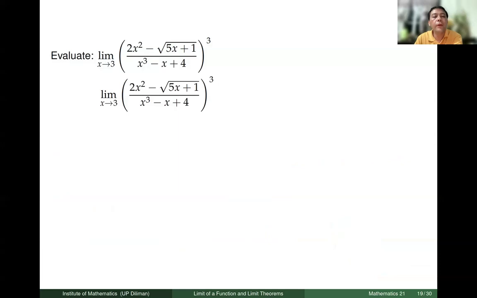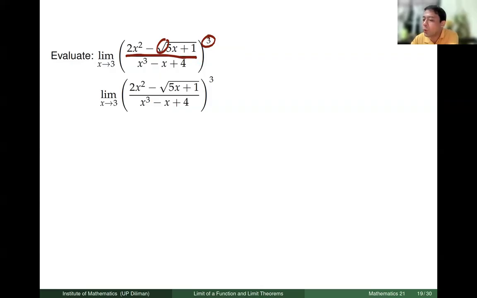Another example here, evaluate this power. So the limit of a power is the power of the limit. So this is now a mix. No? So you have a power here, you have a radical there, then you have a rational here, a polynomial, okay?